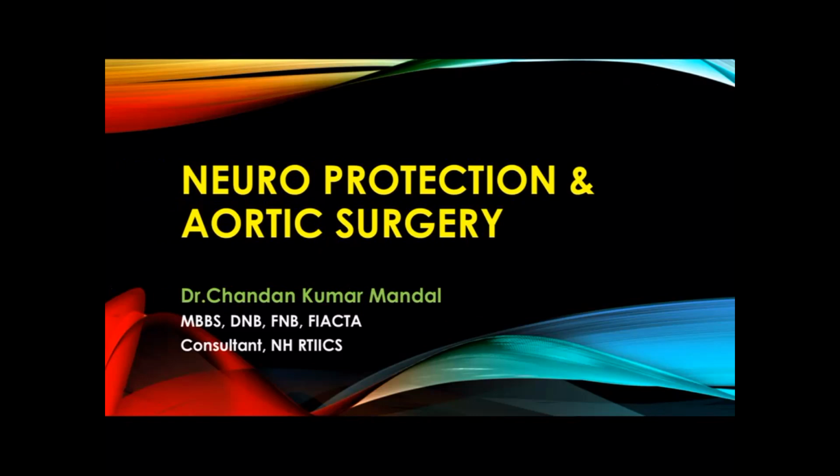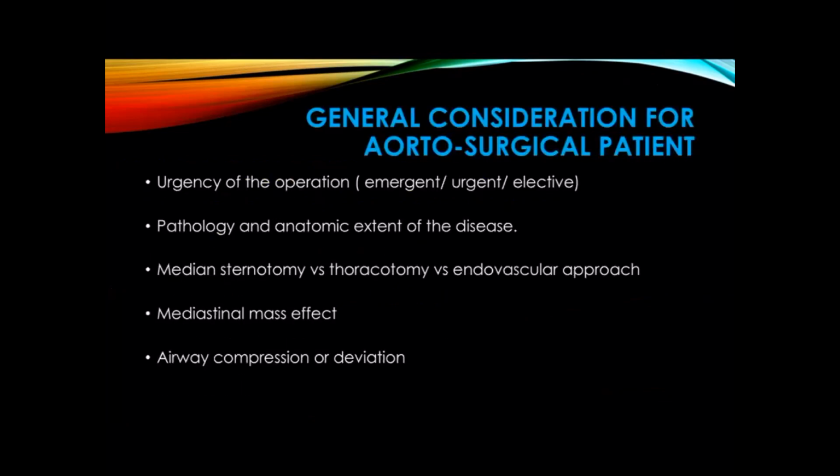Before going to the neurological problems in aortic surgery, I just want to say something about the general considerations for the aortic surgical patient, because it starts from the pre-surgical evaluation, pre-anesthetic evaluation, and proper history.